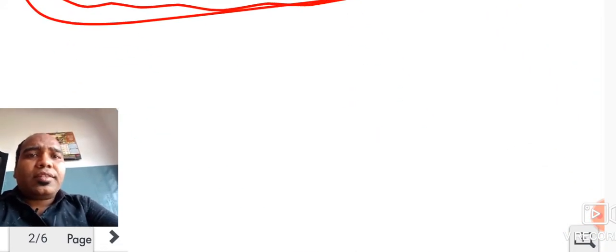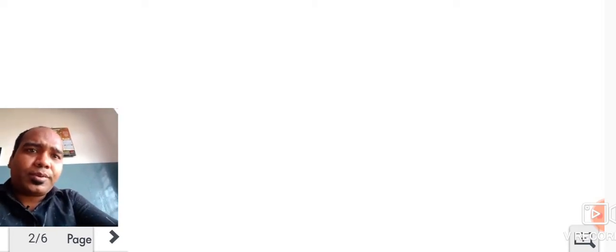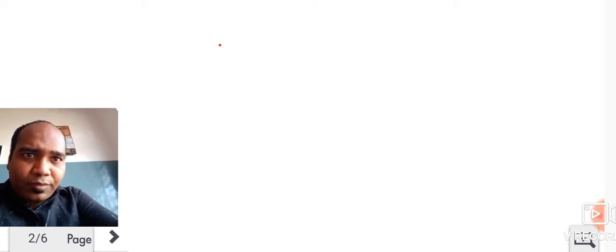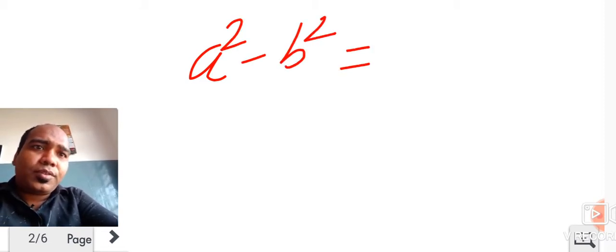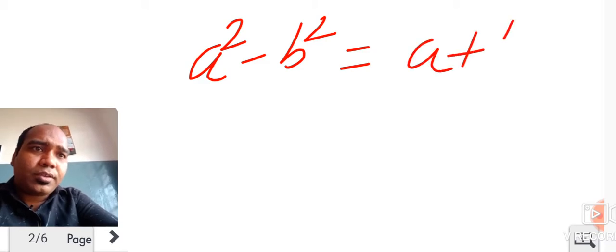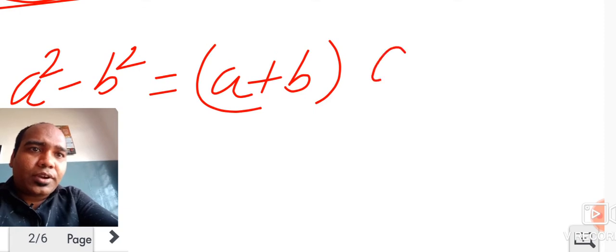For practicing the 7b exercise, for solving the 7b exercise, one formula you have to remember. That is a square minus b square. A square minus b square, what do we get? A plus b into a minus b.